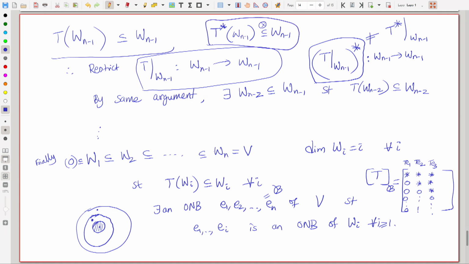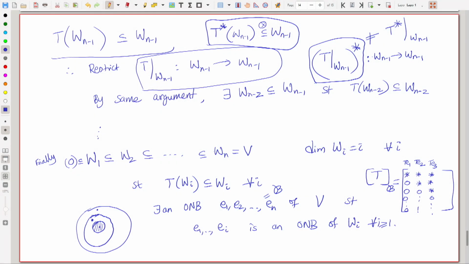What will happen is the following: when T star acts on W_{n-1}, the answer will go out of W_{n-1}. It will give me some component which is in the ambient space. What this operator actually is, is T star followed by projection onto W_{n-1}.